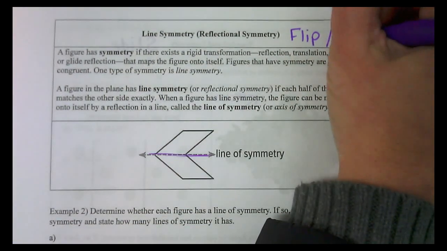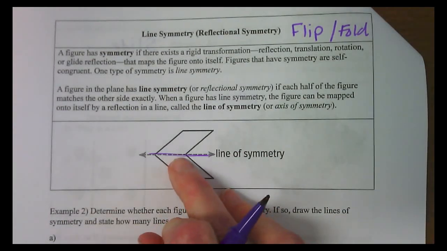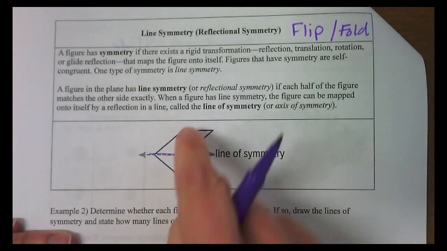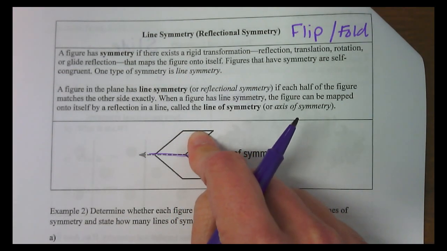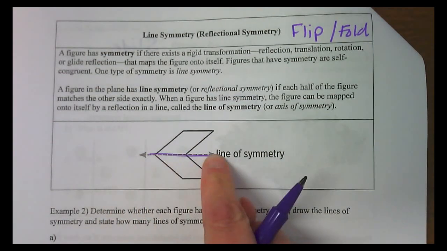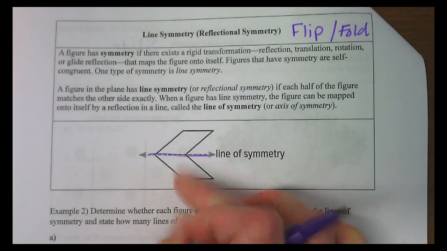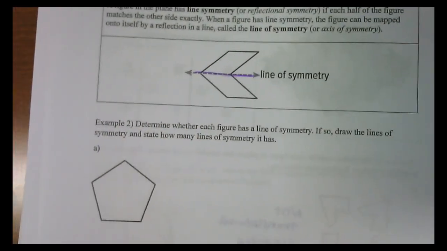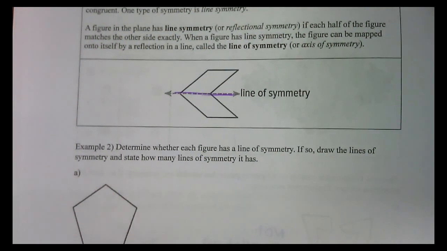So if you want to think of either like flip or fold, like if I took this paper and I folded it on that dotted line, this shape would sit exactly on top of that one. Okay, so I basically could cut it in half and it would fit exactly on top of there if you folded it up. Okay, so sometimes there's more than one line of symmetry that can be drawn in a figure.